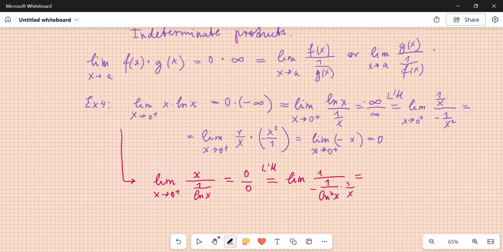If we simplify this expression as x approaches 0 plus, we're going to find out that the limit is going to be, if I bring all this from the denominator into the numerator, minus x by ln square of x, x approaches 0 plus.